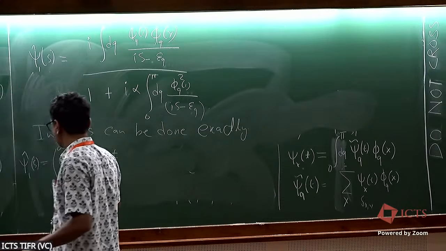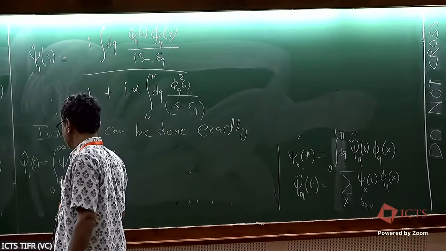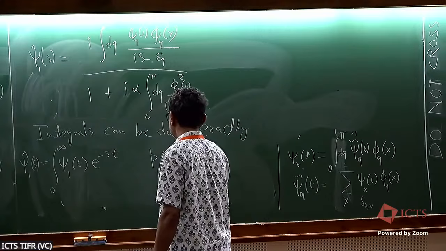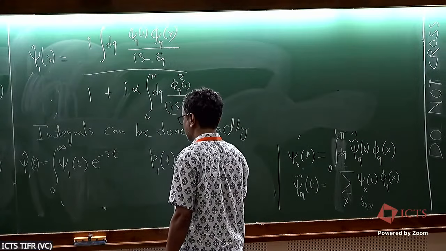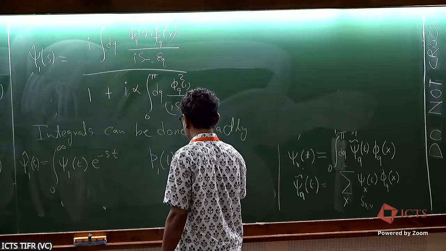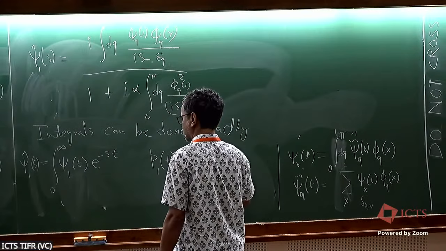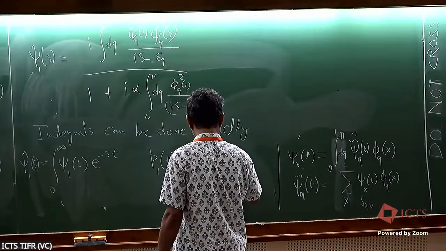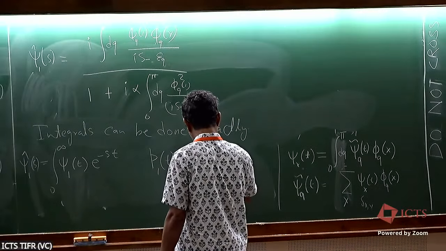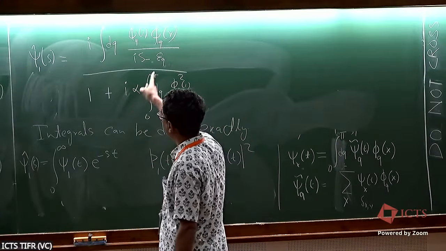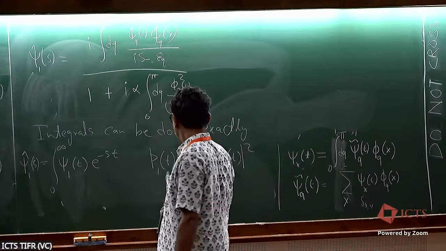Like the first passage time distribution is given by p1(t) equals minus 2 alpha psi 1(t) squared. So if we can invert this, then we know this exactly.